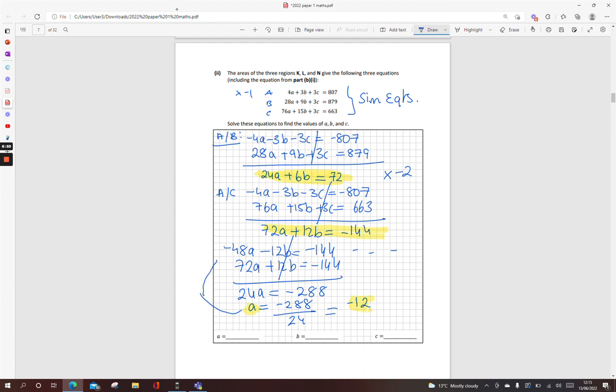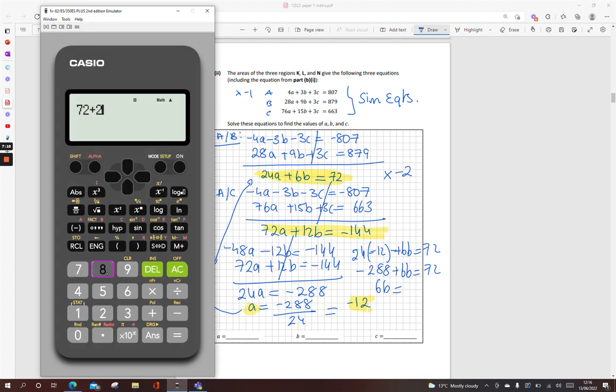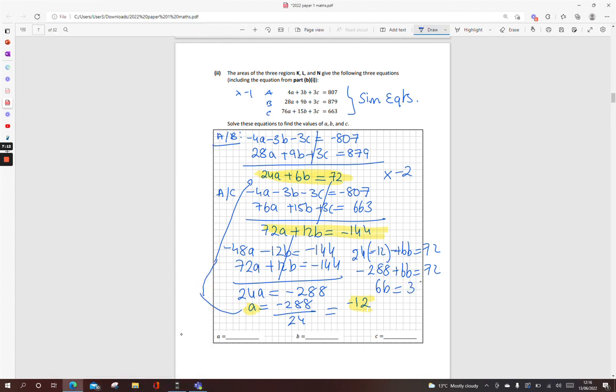Say we go, makes no odds, throw it up there. 24 times -12 plus 6B is equal to 72. 24 times 12 must be -288 plus 6B is equal to 72. 6B, bring that 288 across. 360. B is equal to 60. 360 divided by 6.